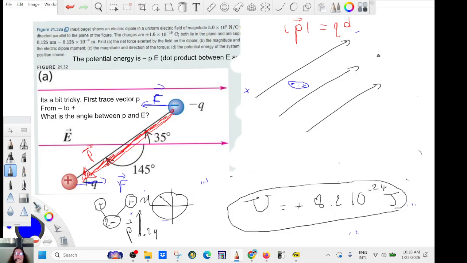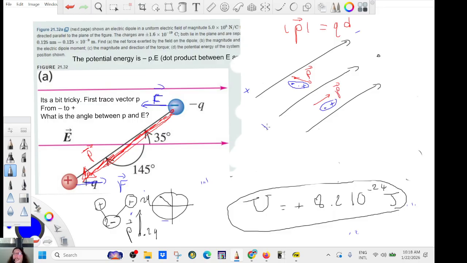Okay, so you have a small dipole here, and it's not happy with its life. It will rotate such as it will align itself with the electric field. And in that case, it will be happy.